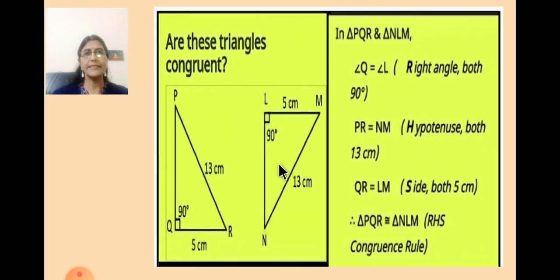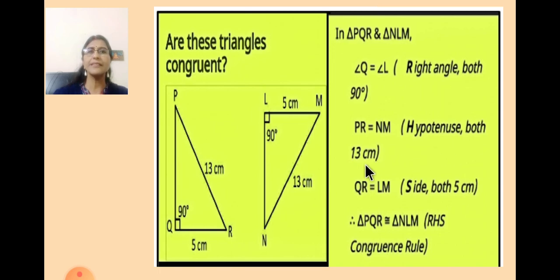Now let us take this example. Are these triangles congruent? This is one triangle, triangle PQR, and this is another triangle, triangle LMN, or you can say NLM. Now here we will see angle Q is equal to angle L. Right angle. Both are 90 degree. So first condition is fulfilled. And then the hypotenuse, we will see PR is equal to, you can see, NM.